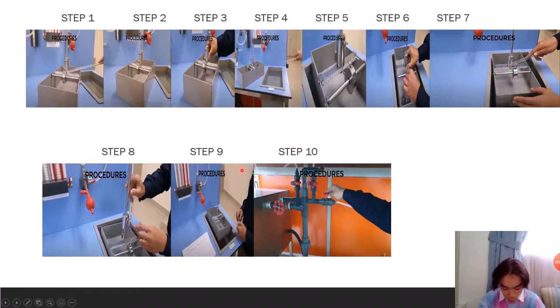Next is we have to record all the readings, right? And then we have to record the data obtained into a table, which comprises two tables: the first to get the angle of displacement, and the metacentric height table. Right, and then step 10 is finally when the water in the sink can be discharged by using the V16 valve.